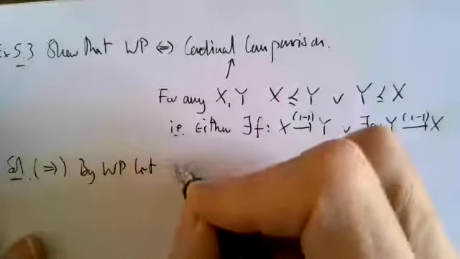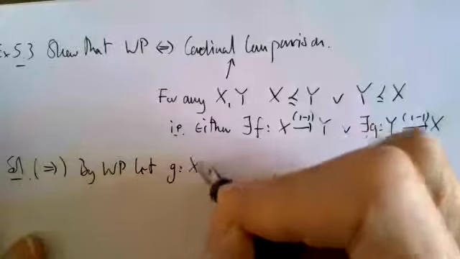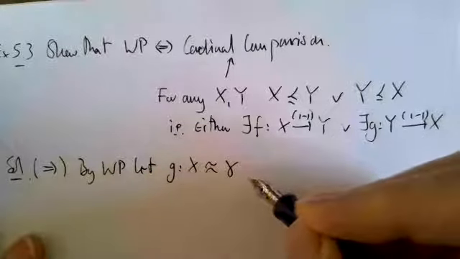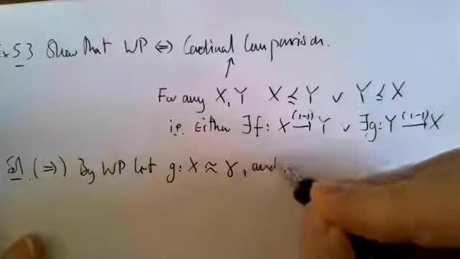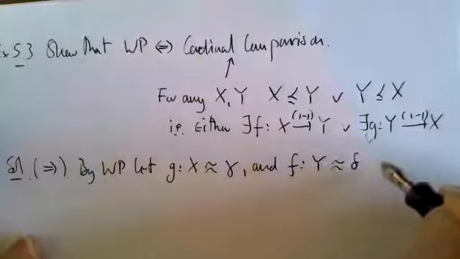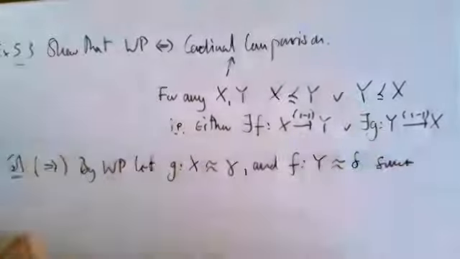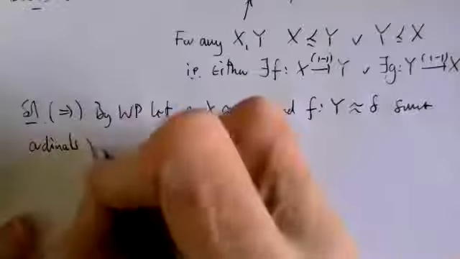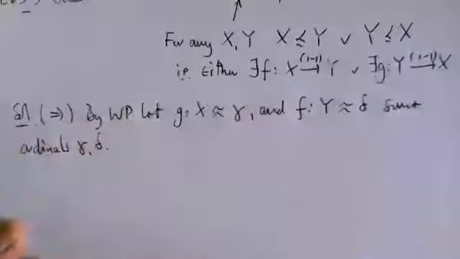So I'll take a function g that maps X one-to-one to the ordinal gamma, and a function f that goes from Y to some ordinal delta.